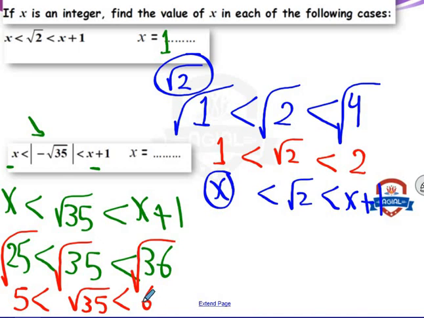So here the absolute value of minus square root 35 is between 5 and 5 plus 1. So x here will be 5.